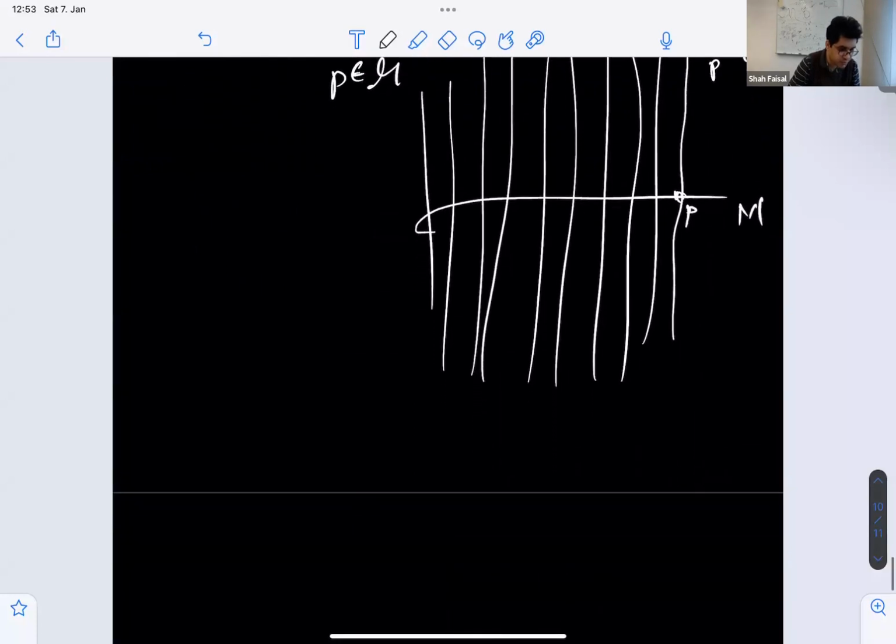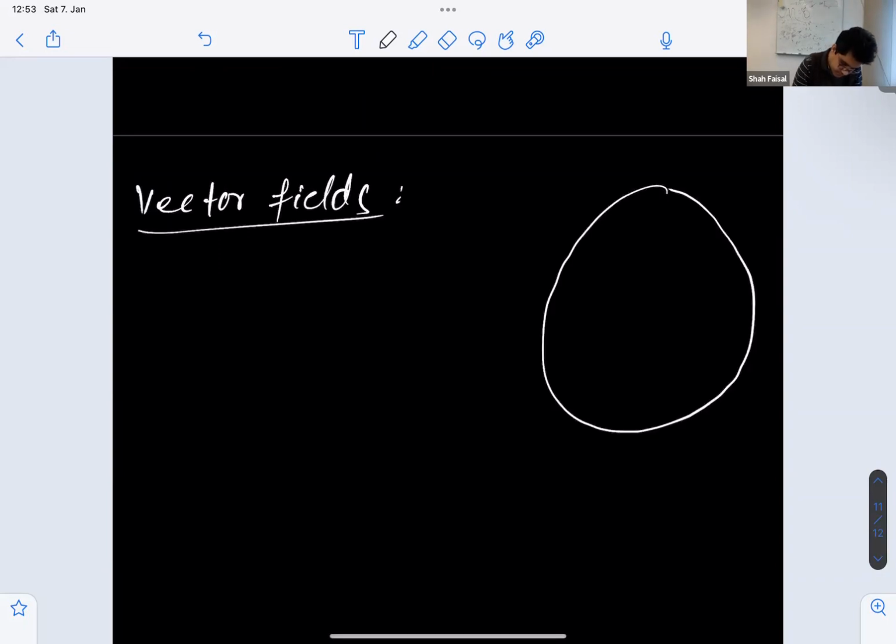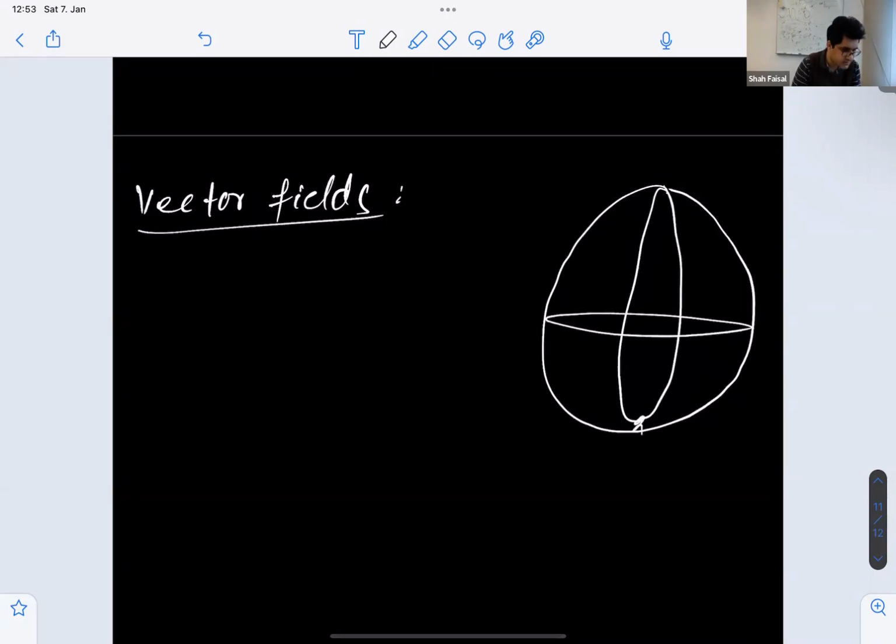So let's go towards vector fields now. I take the example of S2 to help you visualize how it looks, and then we define it in a more general setting. A vector field on the sphere S2 is a map that assigns a tangent vector to each point, something like this.